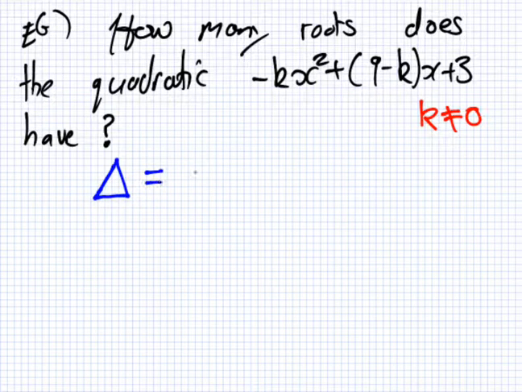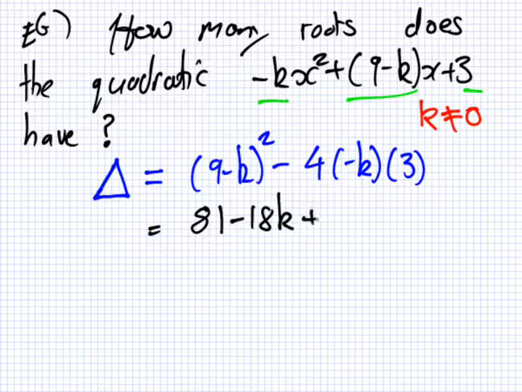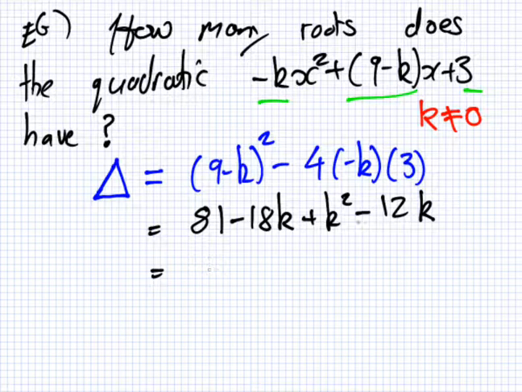Okay. You have that? Yeah. It's okay? Yeah. Okay. Let me give you one that's a little bit more difficult. How many roots does the quadratic minus k x squared plus 9 minus k x plus 3 have?